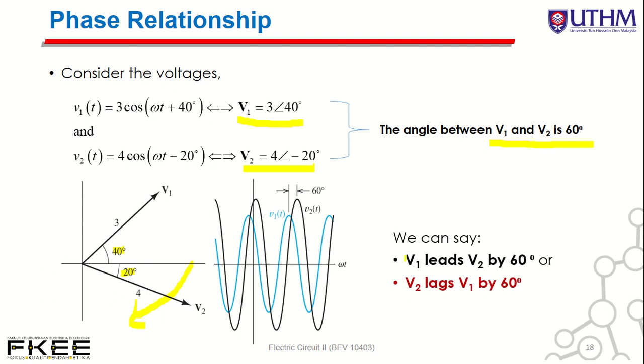V1 ni mendahului V2 sebanyak 60 degree. Or in other words, we can say that V2 lags, mengekor. Kita tengok dia punya arah anti-clockwise, lawan jam. Yang ni mendahului, so leads. Yang ni mengekor, we call it lags. Yang ni kena clear konsep leading and lagging.